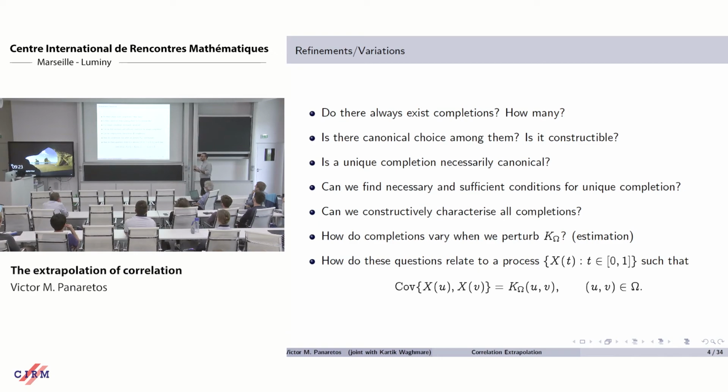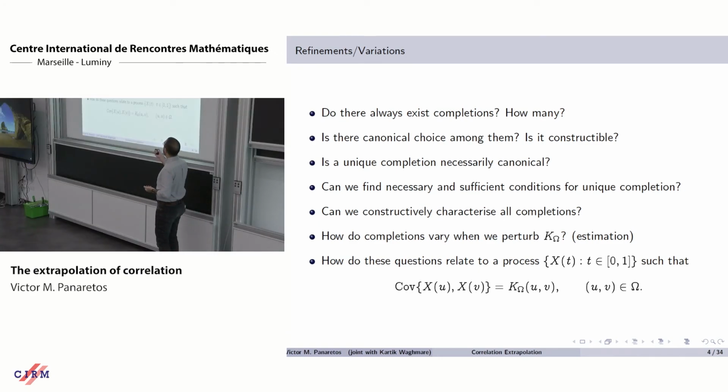And of course, it's natural for us to ask, how do all these questions relate to the underlying Gaussian process with a partial covariance k omega, in the sense that if you take x at u and x at v, where u and v belong in omega, then the covariance of x at u with x at v will be given by this k omega partial covariance at u and v.